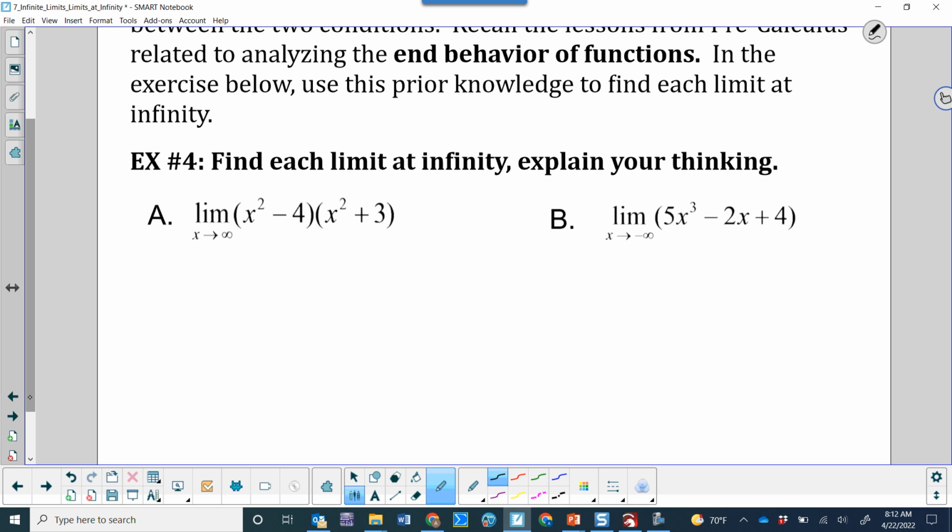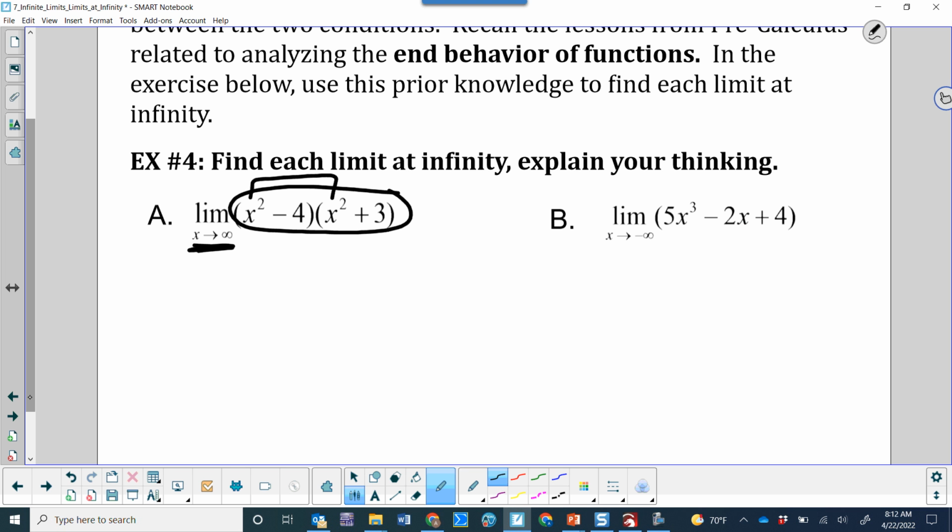So if you look at this graph, the end behavior, meaning what's happening as I go to infinity? Well, when you have polynomials, which this is once you multiply it all out, all you had to look at was the highest powered term, because that's what was going to determine your end behavior.